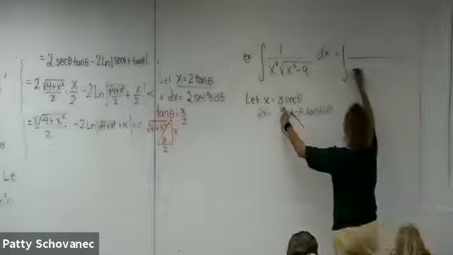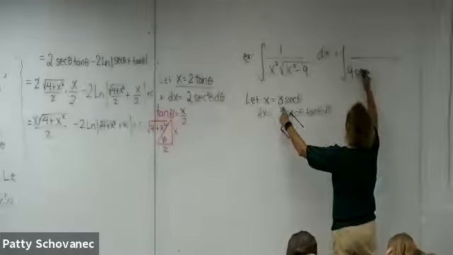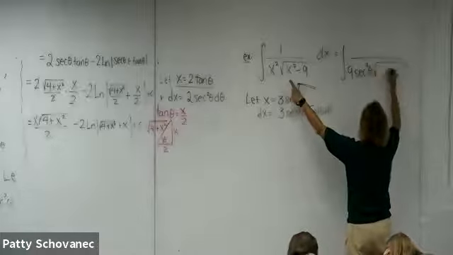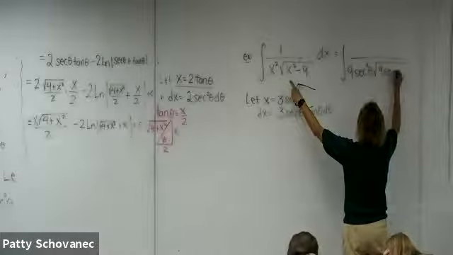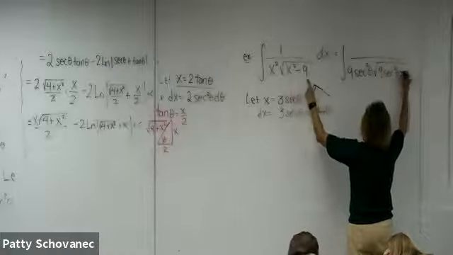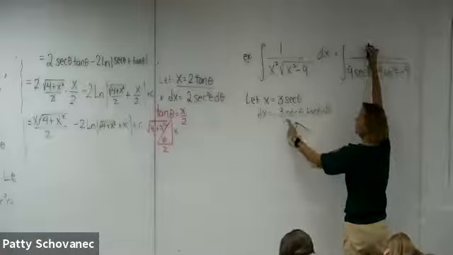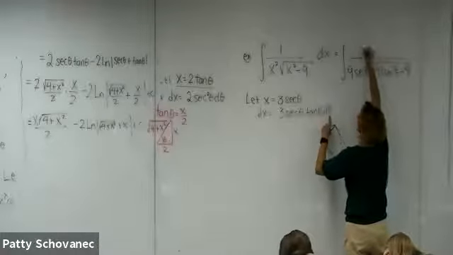So I have to square it and get 9 secant squared theta outside, another 9 secant squared theta inside, minus that 9, and the dx I'll put right here is 3 secant theta, tan theta, d theta.